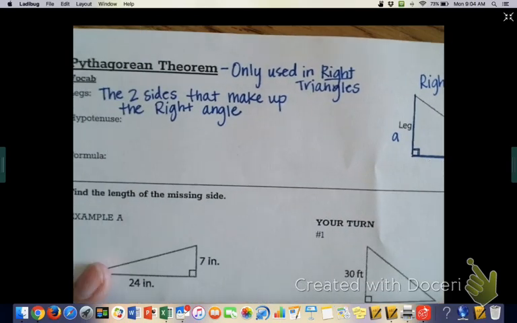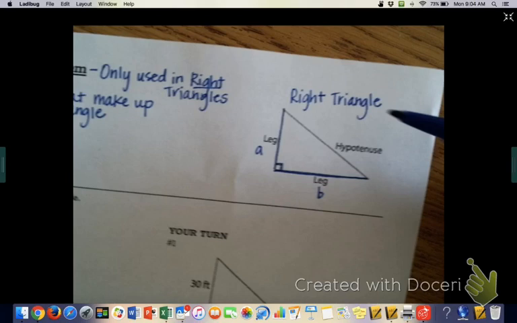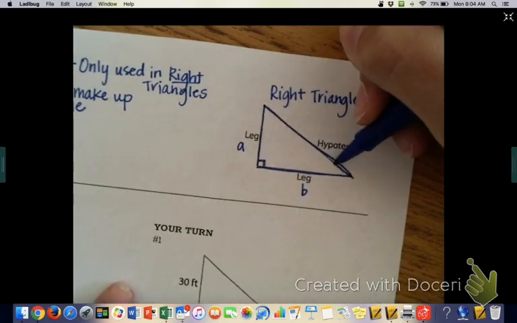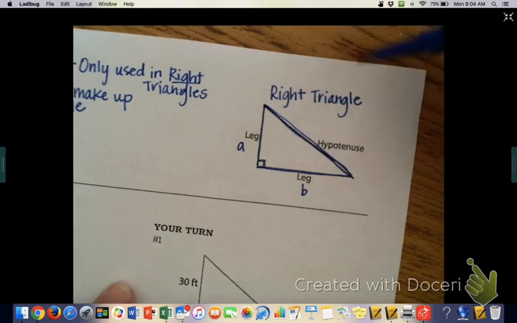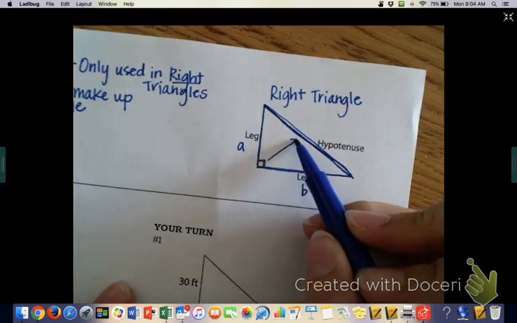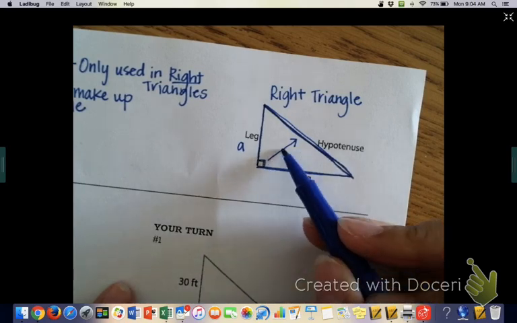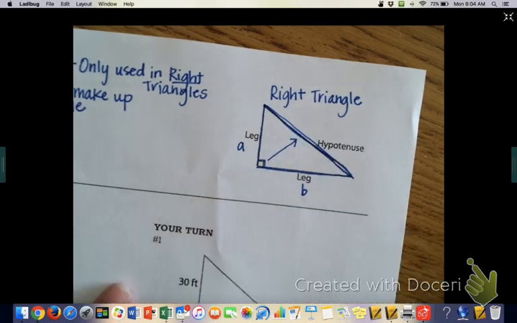Okay, the hypotenuse. The hypotenuse is this long side. It's always the longest side, and it is also the side that is opposite the right angle. So when I say opposite the right angle, I mean wherever your right angle is, if you look across from it, that is always going to be the hypotenuse.